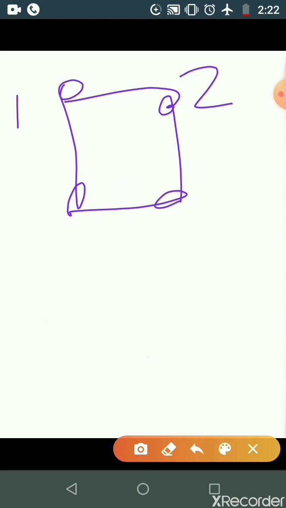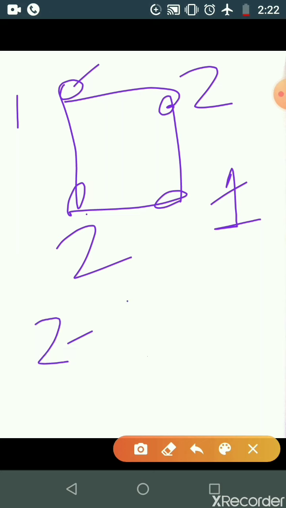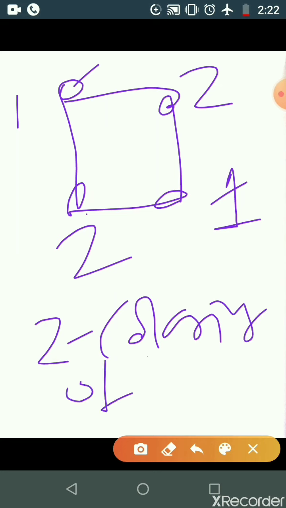So if it is not adjacent with 1, we can use the same color, and as this is adjacent with 1 and 1, I can take 2 because 2 is not adjacent with this one. So this is the proper 2 coloring of C4, okay?